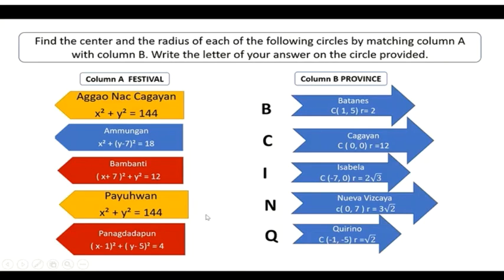You should be able to illustrate the center and the radius, or you can just draw the graph as well just to make sure you have understood it as a whole.